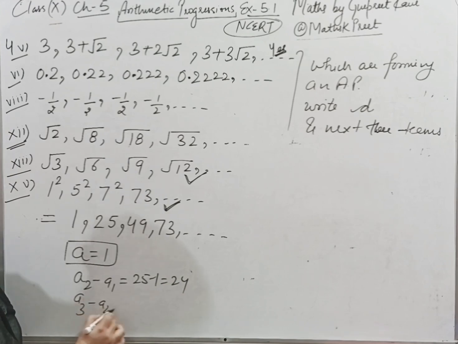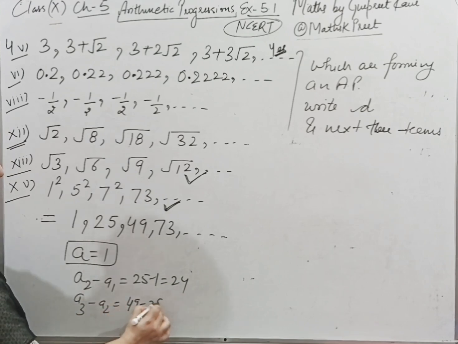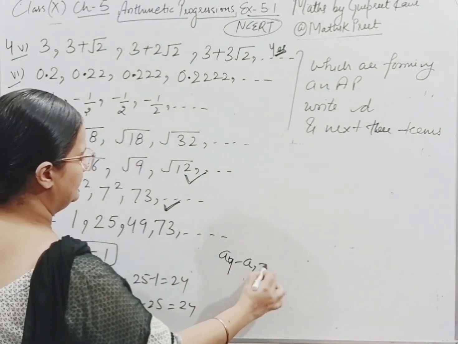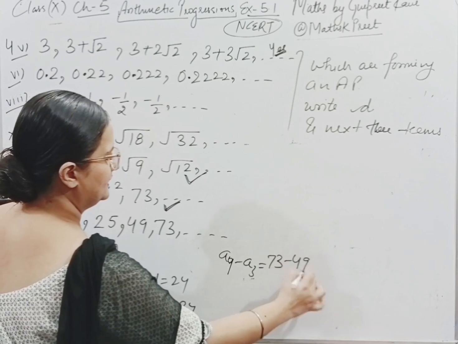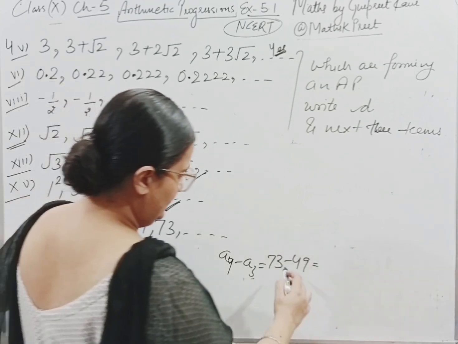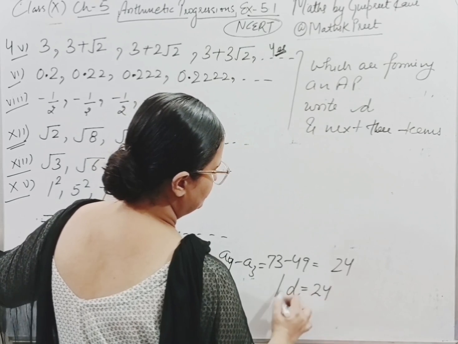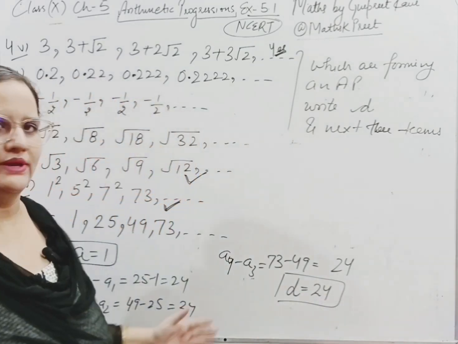A3 minus A2 is 49 minus 25, so it is also 24. Similarly, A4 minus A3, 73 minus 49, is also, yes, 24. So every time I am getting 24, so the value of the common difference is 24.